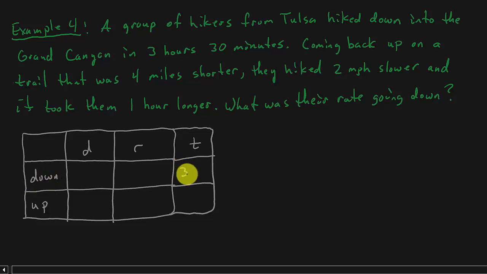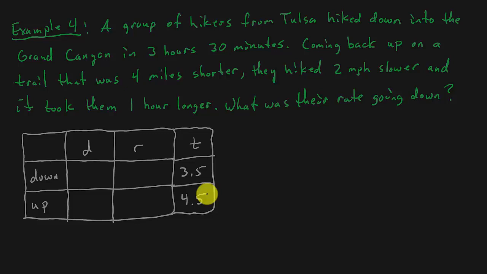So this time is 3.5. Okay. Coming back up on a trail that was 4 miles shorter, they hiked 2 miles per hour slower, and it took them 1 hour longer. So that means that coming back up, that was 4.5 hours, right?